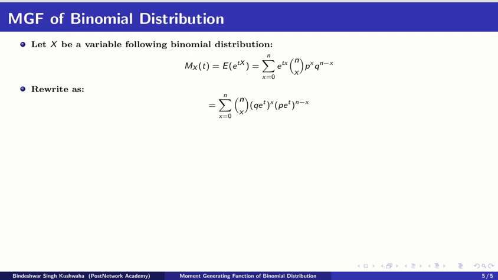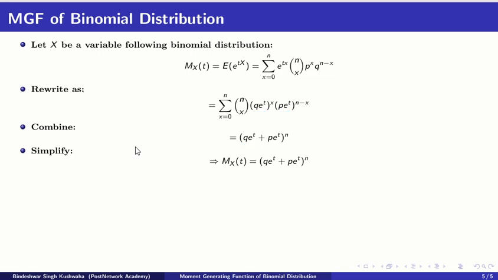We can rewrite it as q, and p e raised t to the x, with n minus x. When we combine, you can replace these by anything, a and b, and that is a binomial expansion, a plus b raised n.